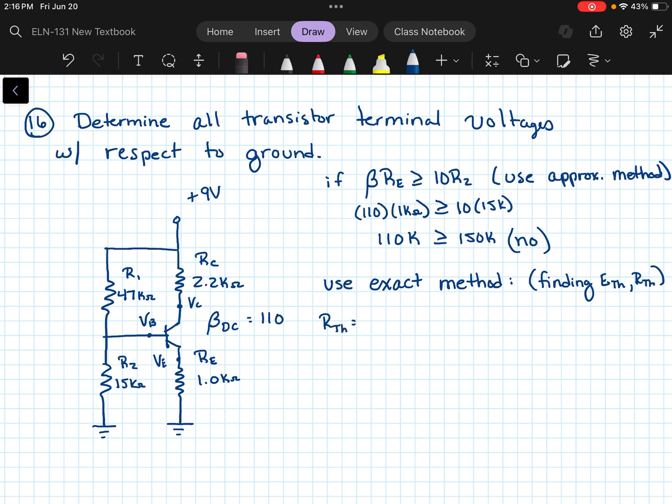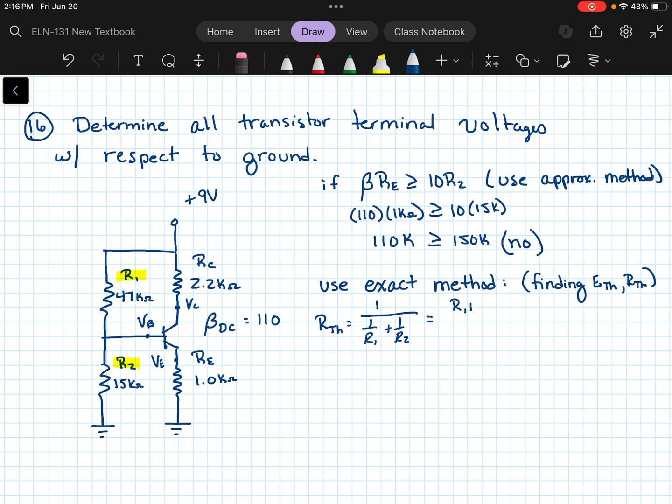So the R Thevenin would be the R1 in parallel with R2. Now, you know how to combine parallel resistors. It would be 1 over R1 plus 1 over R2. However, since we've only got 2 resistors, we can also use the product over the sum to get that as well. And it's a little easier to remember. So that would be 47K times 15K over 47K plus 15K.